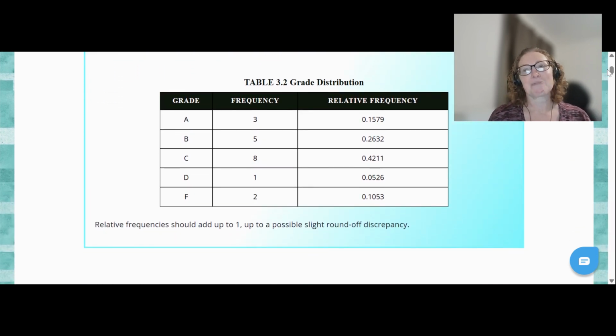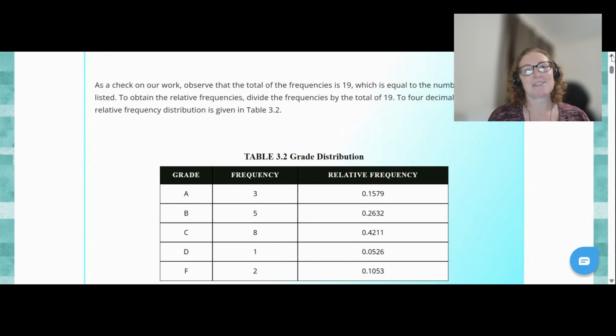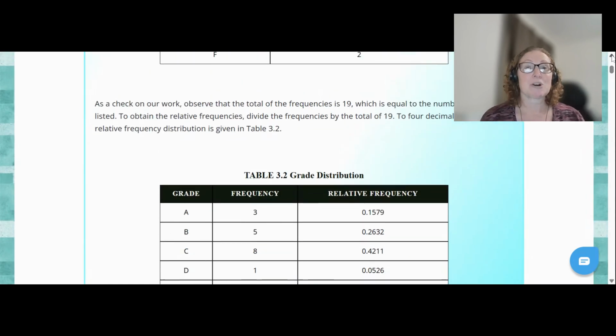Okay, so here we get into the next part, which is our relative frequency. We know that there are 19 grades, and we added that up.